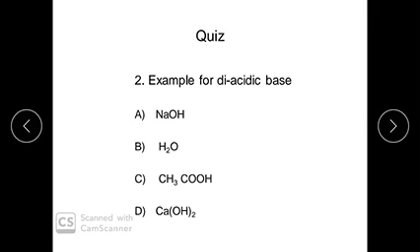H2O is acting as both acidic and basic, amphoteric in nature. But here it produces only one OH minus ion. And next one is acetic acid, CH3COOH. It is a weak acid. But the right answer is Ca(OH)2. It is a weak base, as well as it produces two OH minus ions. Then it is a diacidic base.